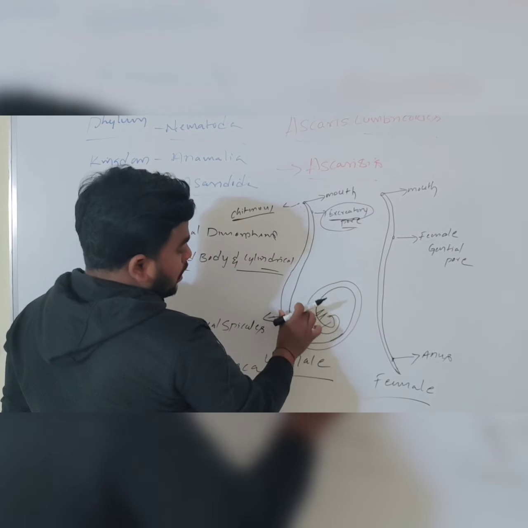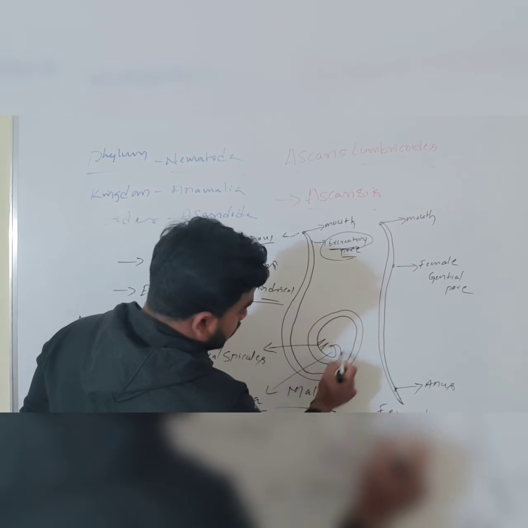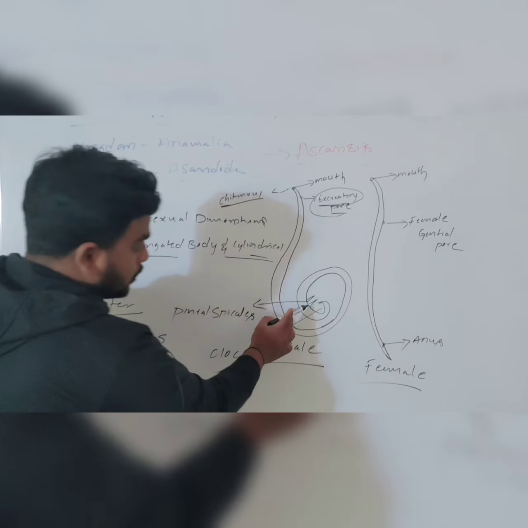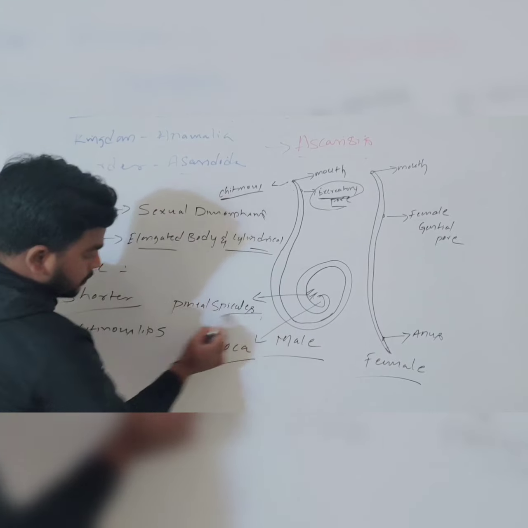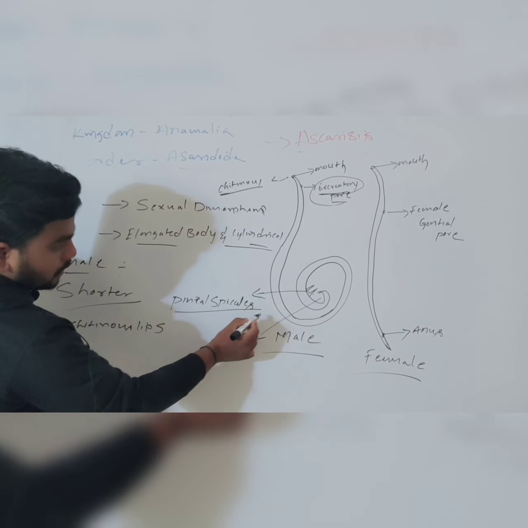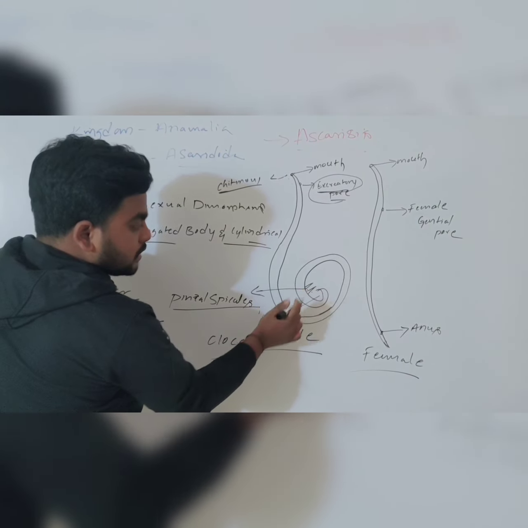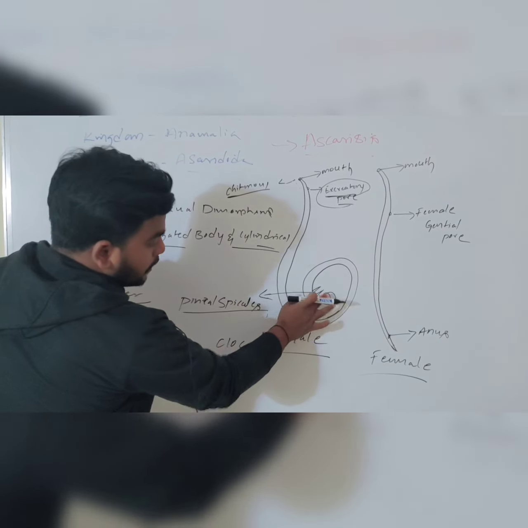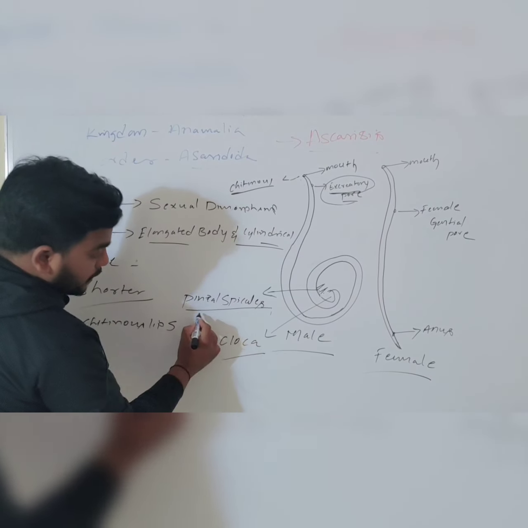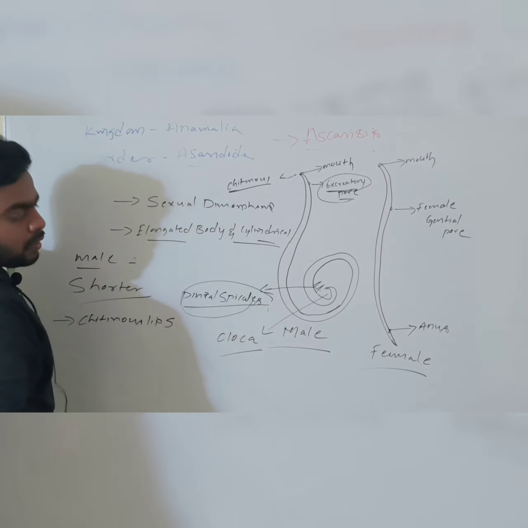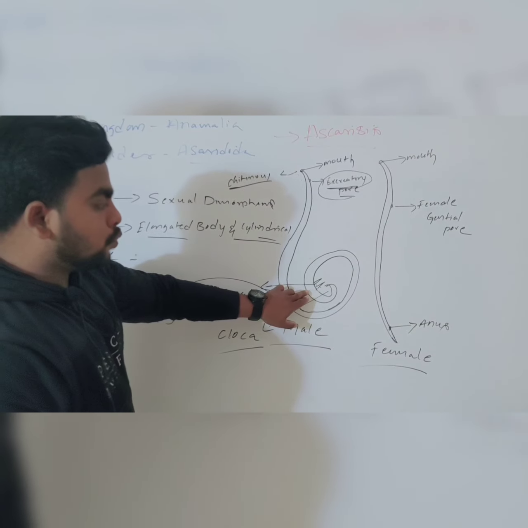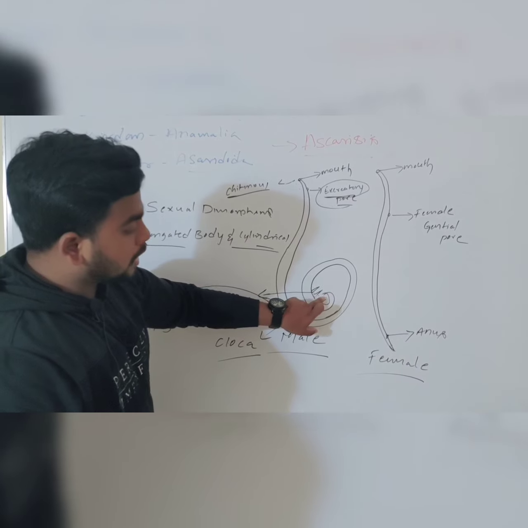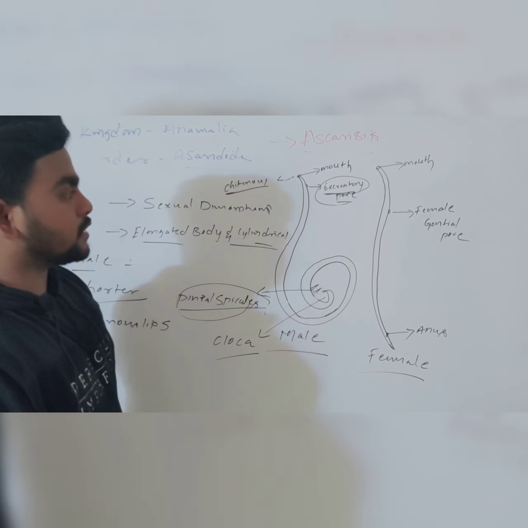From the posterior side you can see a curved body which consists of the cloaca and a pair of copulatory organs, spicules, known as penial spicules. A pair of equal sized penial spicules is observed in the curved posterior end near the cloaca. These are the copulatory structures. This is the male structure.